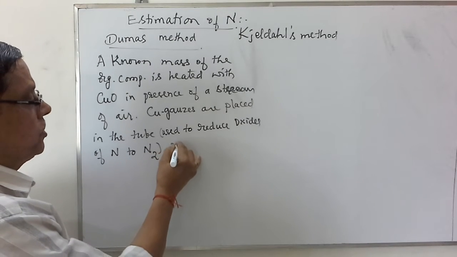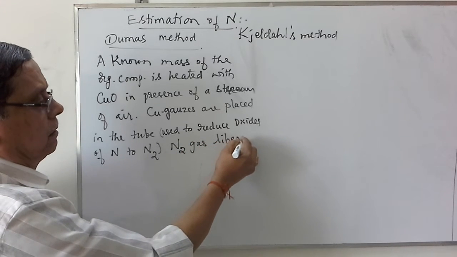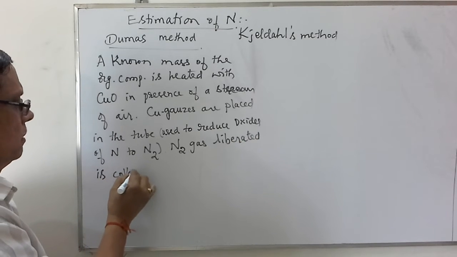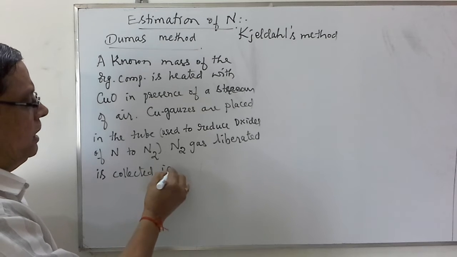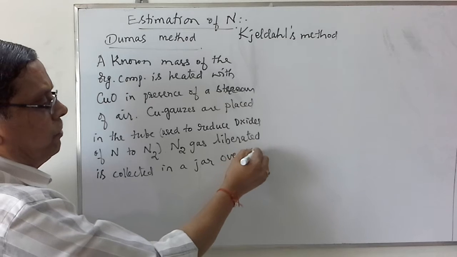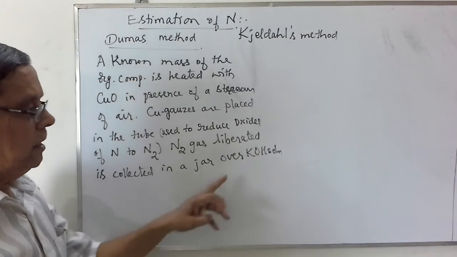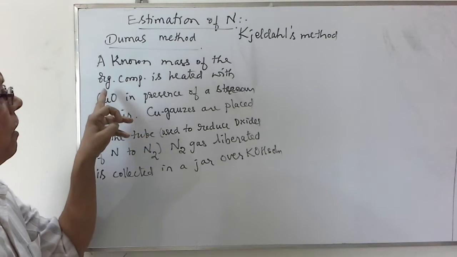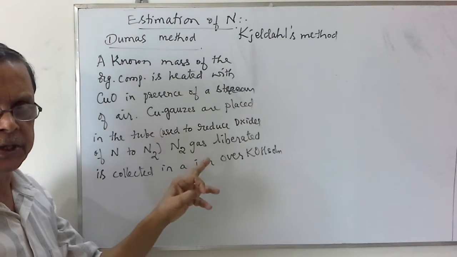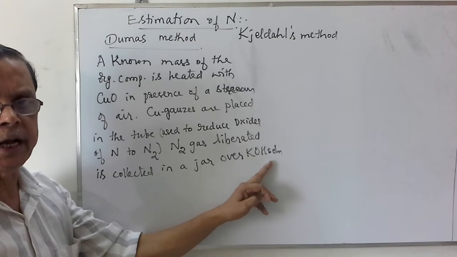Then the nitrogen gas liberated is collected in a jar over KOH solution. This KOH will absorb all the carbon dioxide that is produced during the oxidation. So whatever nitrogen is produced will be collected over the potassium hydroxide solution.